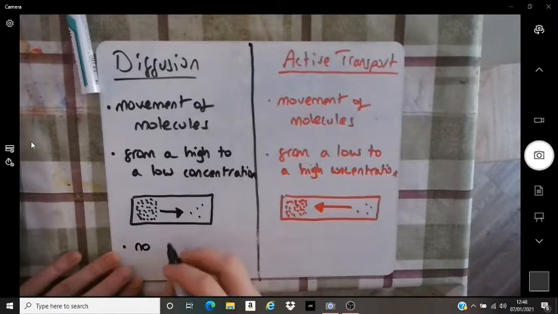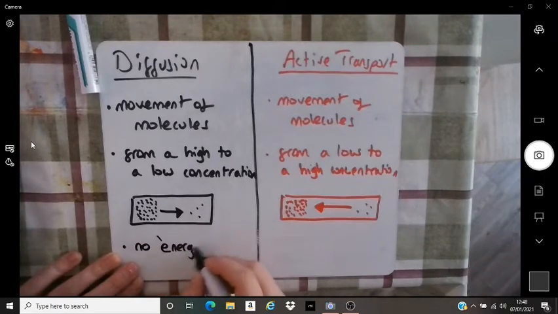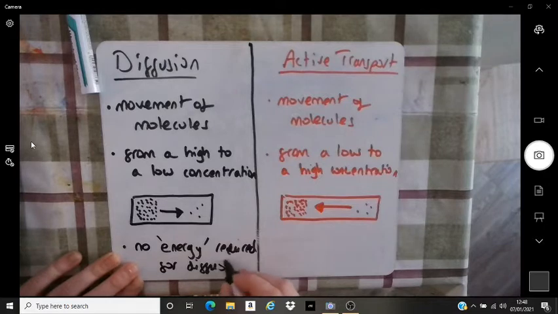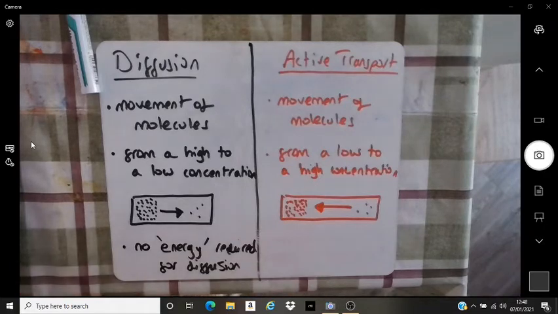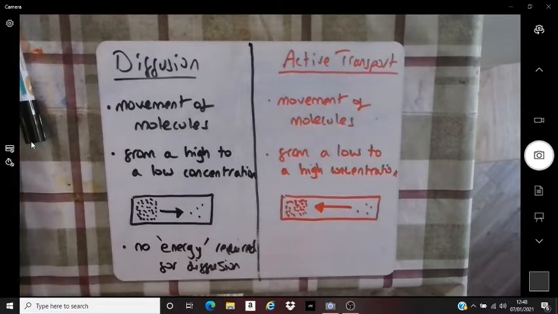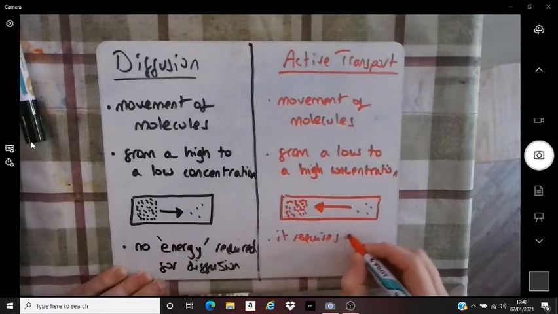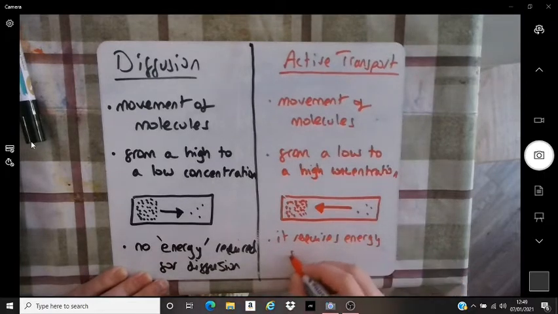And that leads us to the second really big difference. There is no energy required for diffusion to take place. Now, don't get me wrong, there is the natural kinetic energy that molecules have, but there's no extra energy. You don't need to respire and release energy for diffusion to take place, but you do for active transport. It requires energy from respiration.